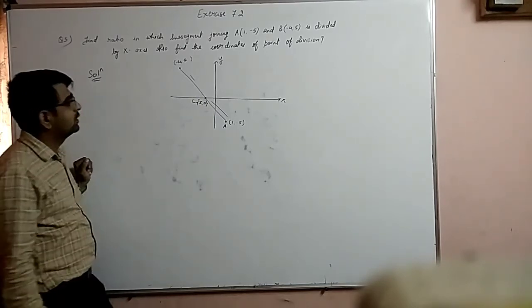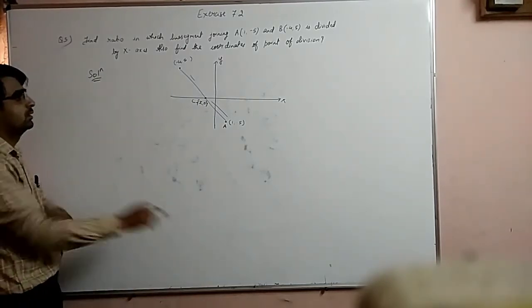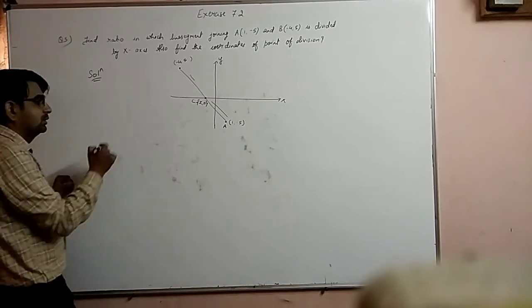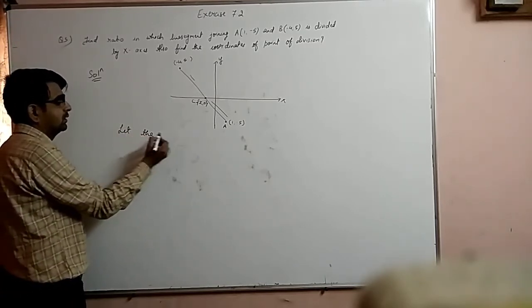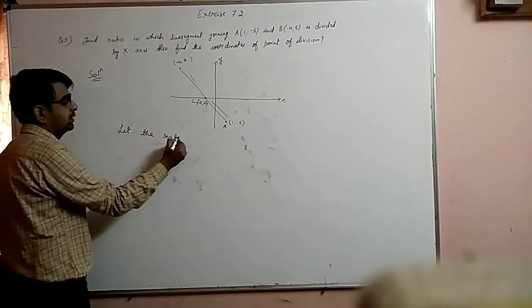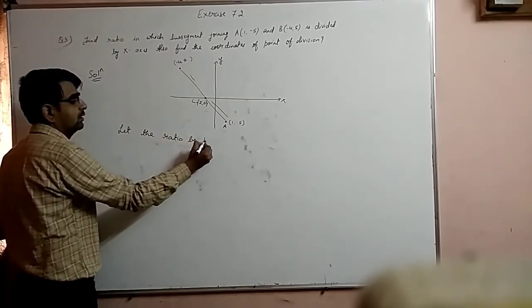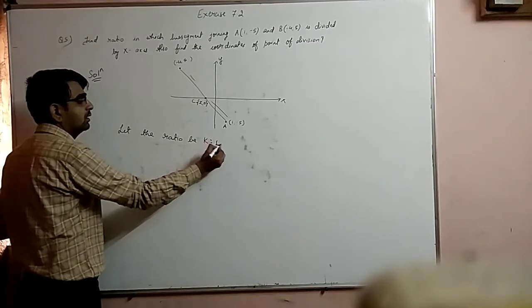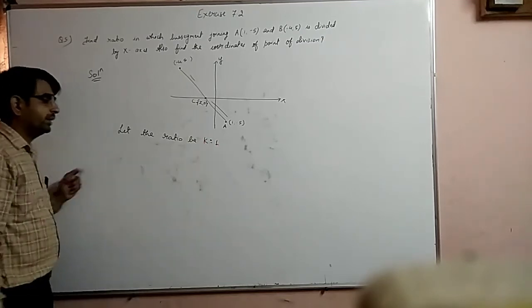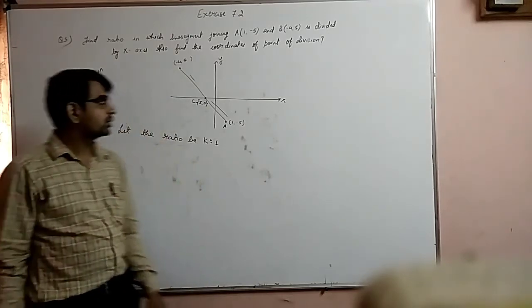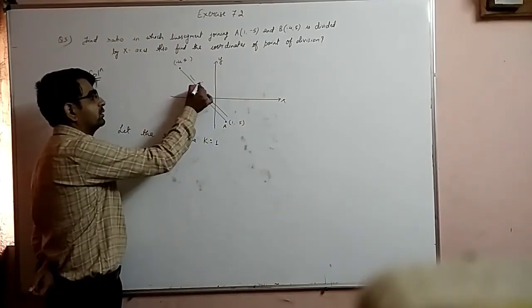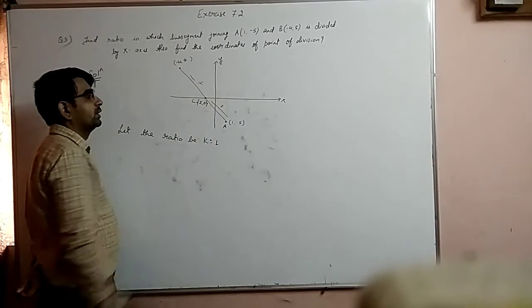Okay. Let's start. What I have assumed, let the ratio be k is to 1. Okay. This is k and this is 1.